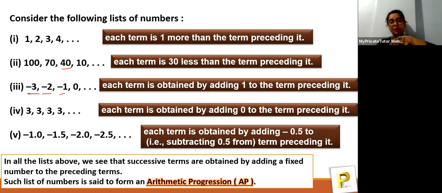Such a list of numbers is said to form an arithmetic progression. When you get a list of numbers with the same difference between them, such numbers are said to be in arithmetic progression.